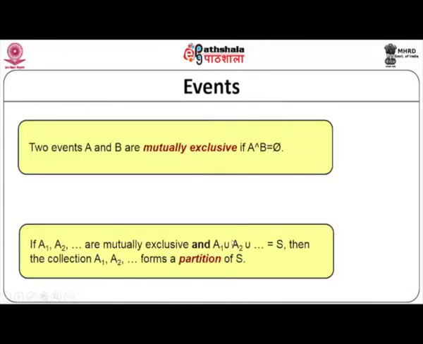Now, we can understand this event from a mathematical perspective. If there are 2 events A and B, then they can exhibit the property of being mutually exclusive. If A1, A2, A3 till AN are mutually exclusive and their union is the whole set S, then the collection A1 till AN forms a partition of S. Why this is essential is, whenever we are trying to analyze sample data, the sample data may be considered as a partition of the outcomes.